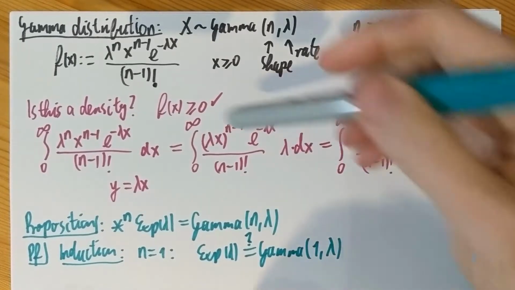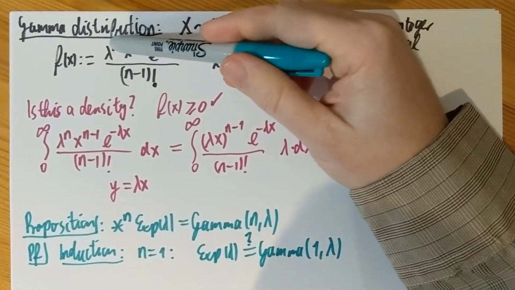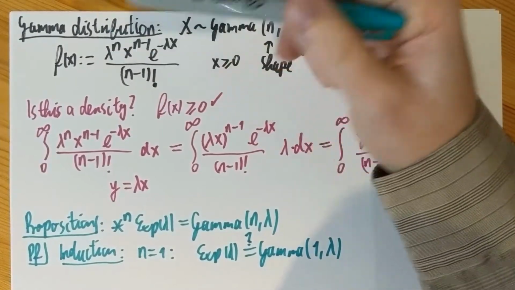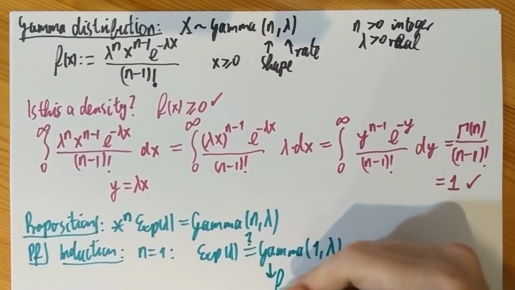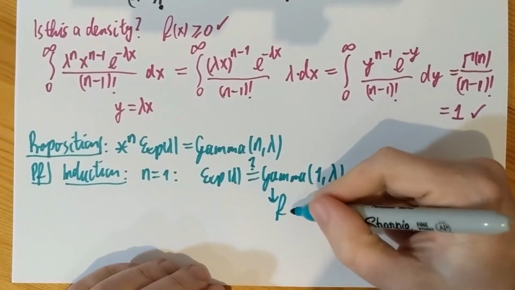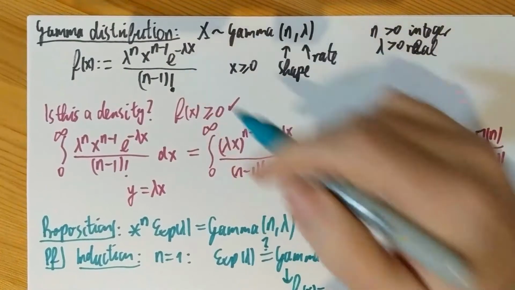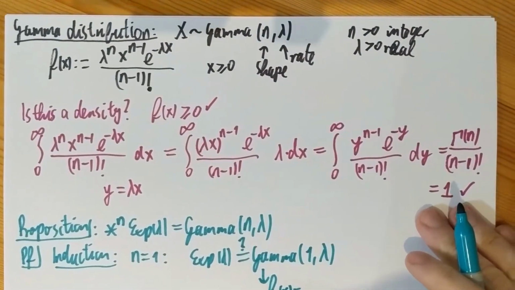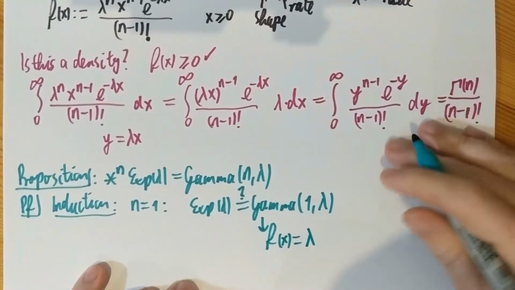Well, let's see. If I plug in n equals 1, then I have a lambda factor here. So the density, according to our definition up here, so plug in n equals 1, that gives me a lambda. So there is a lambda factor here.